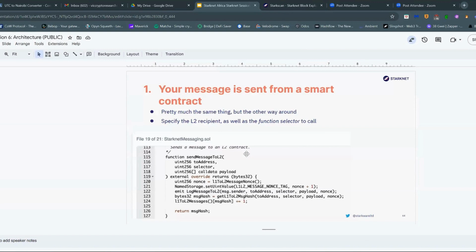Okay, so what happens when you want to send a message from Ethereum to Starknet? Similarly to what we encountered before, you have to specify the recipient, which is just the address, and you also have to specify the specific function that you want to call.